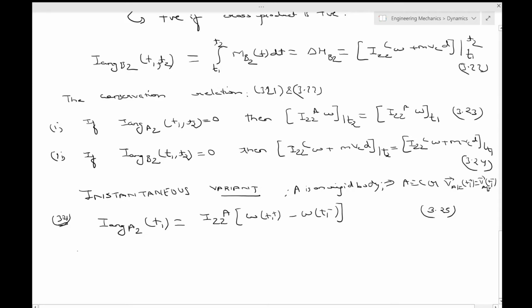And for B, what's the condition? The acceleration of this must be the same around this time, constant.